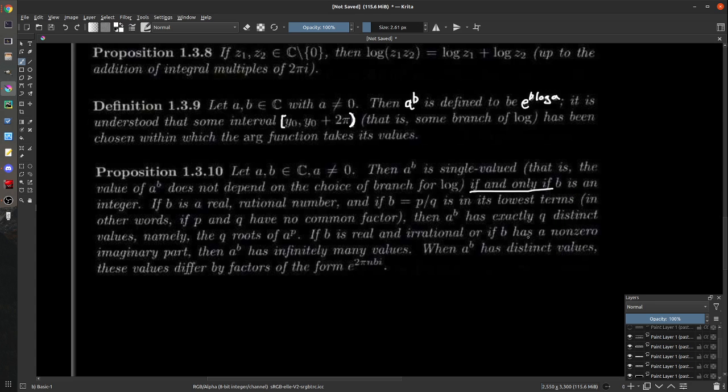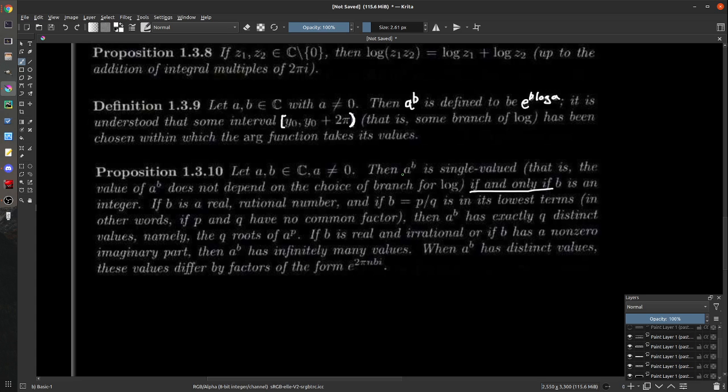So that means that you have an unambiguous choice for taking some complex number and raising it to the power b, you have no ambiguity as to what the answer should be, only if b is a positive or negative whole number or 0.